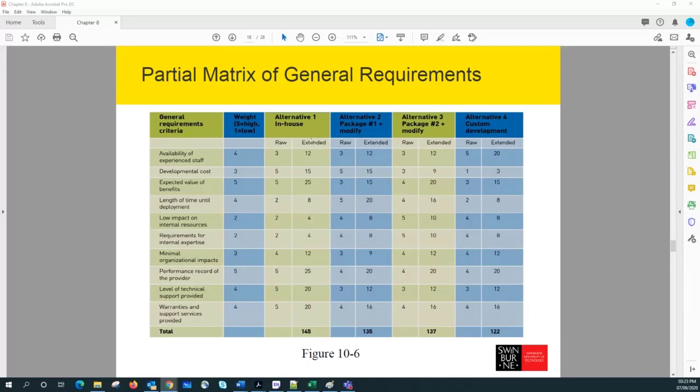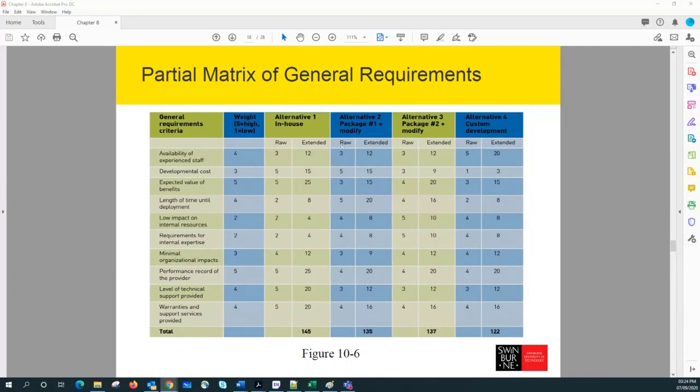And then I can calculate the extended score for each of these alternatives, right? The extended score is calculated by multiplying the weight of each item by the raw value of each alternative. So in this case, for the first alternative, the raw value is 3 and the weight is 4. 4 into 3 is 12.